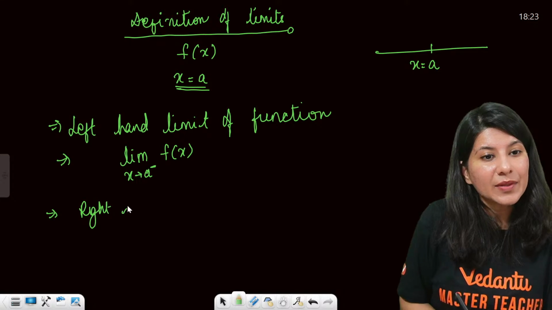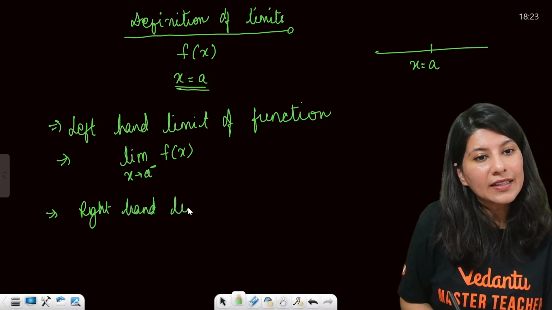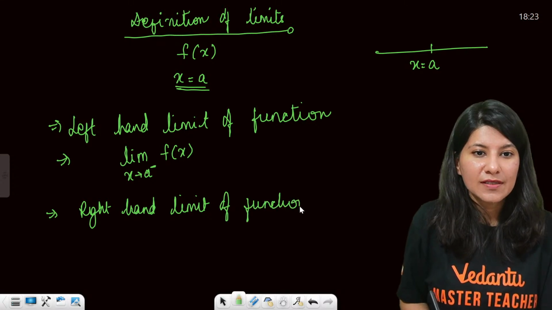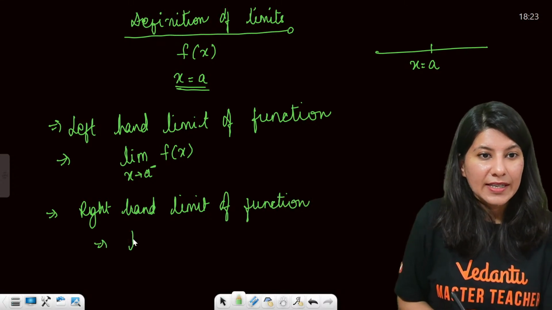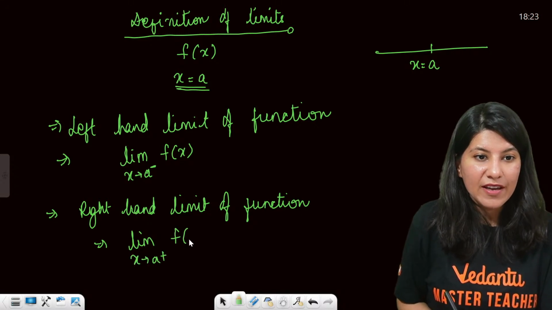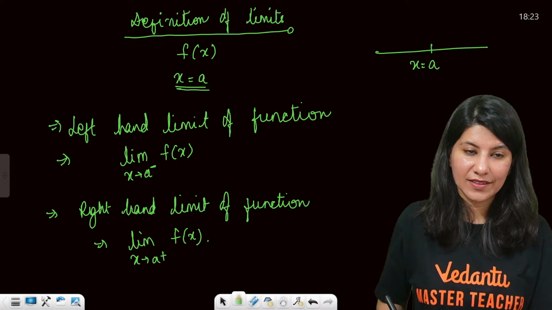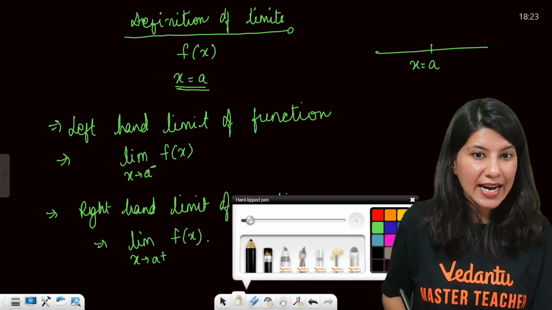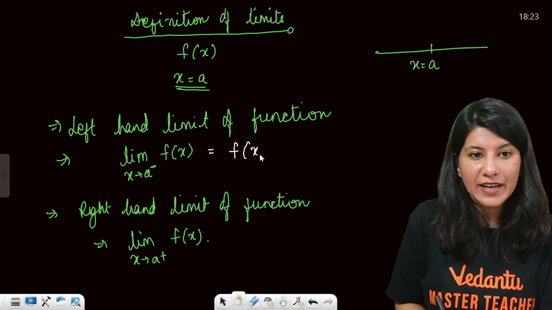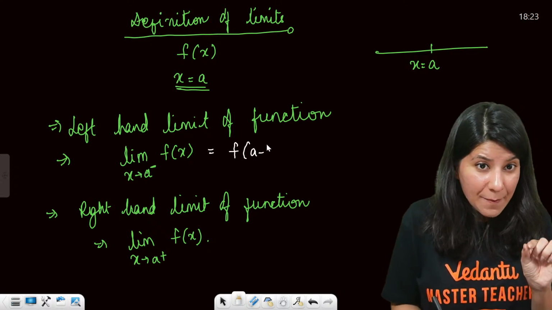The right hand limit of the function will be the limit of f of x as x tends to a plus. This can also be written as f of a plus h, and the left hand limit as f of a minus h.